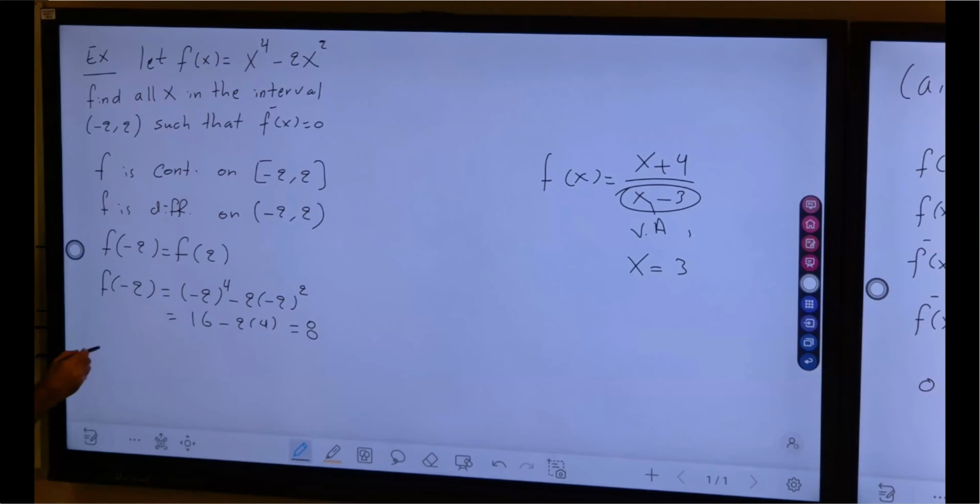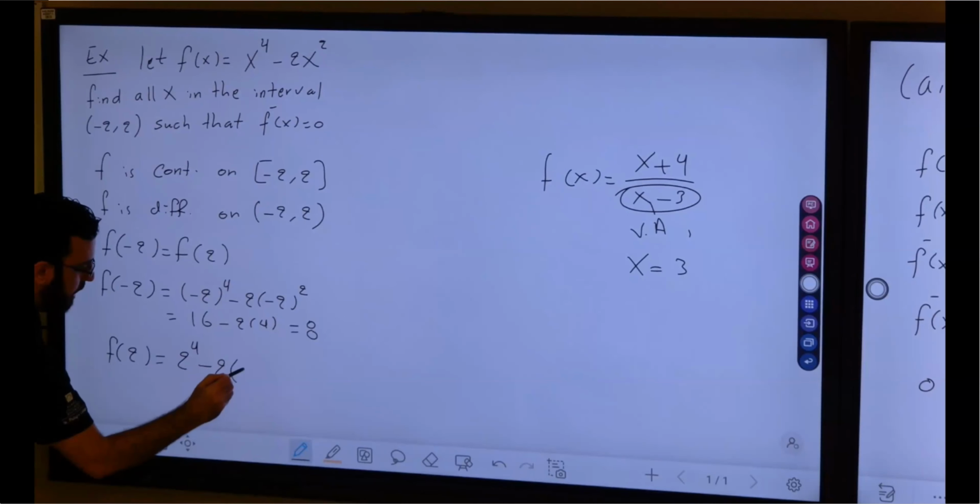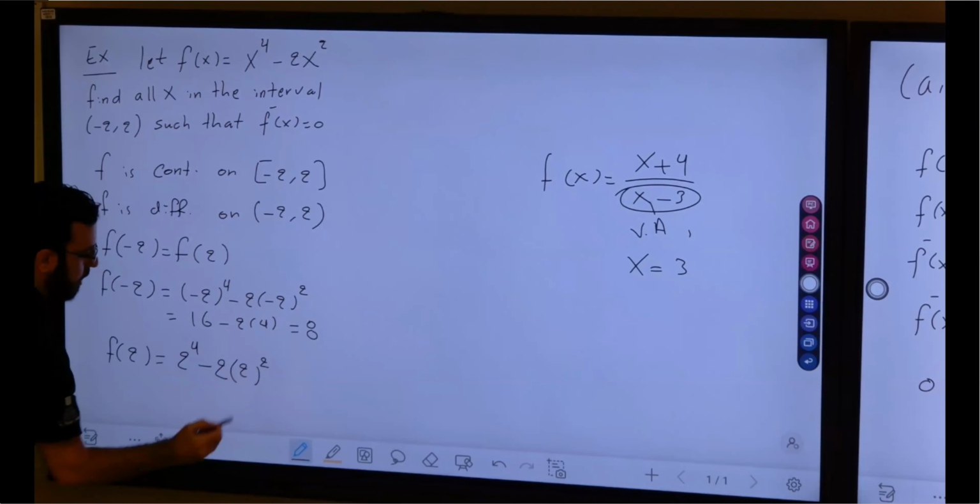Now I need to find f of 2, which is equal to 2 to the power 4 minus 2 times 2 squared.